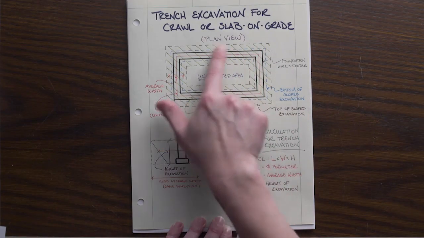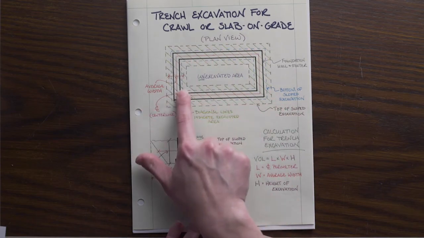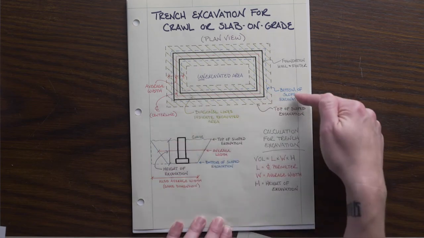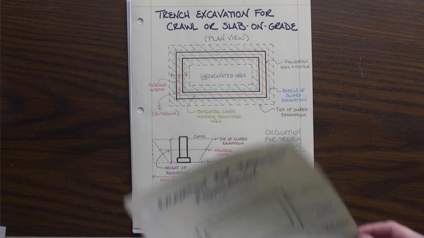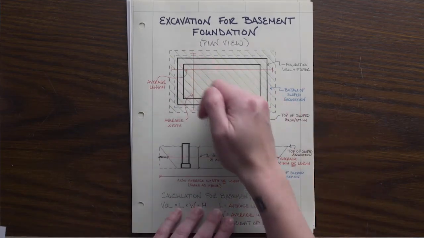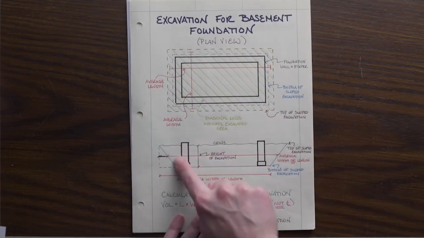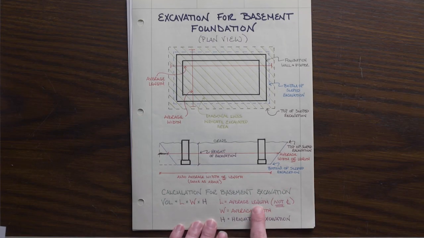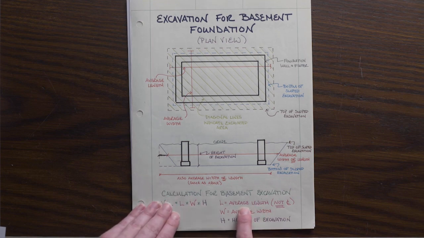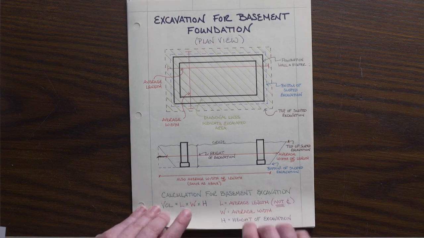But the main thing to know the difference of is that the trench goes all the way around the foundation wall, and each one are labeled differently. And then with a basement, everything in the middle is taken out, so those aren't included. So we do not use centerline for basement excavations. We use an average length, an average width, and a height.